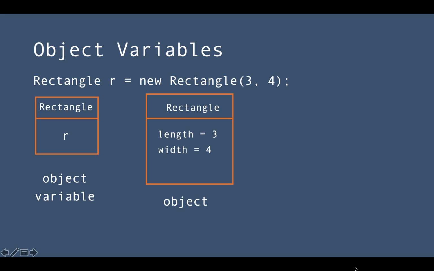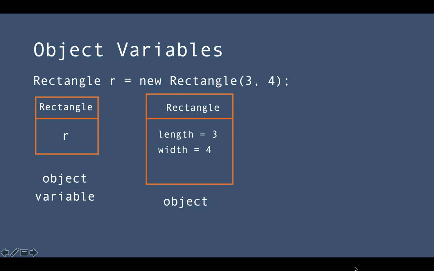Right-hand side, object. It seems like an insignificant difference, perhaps, but it's not. It's really essential and something we need to know and understand. All right. So again, left-hand side, variable. Right-hand side, the actual object. So here we've constructed our rectangle with a length of 3 and a width of 4.